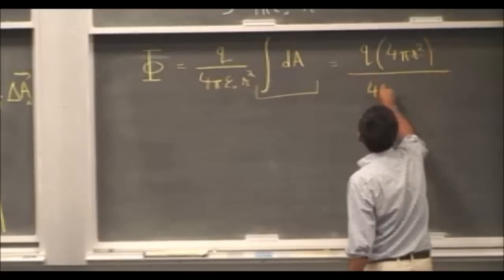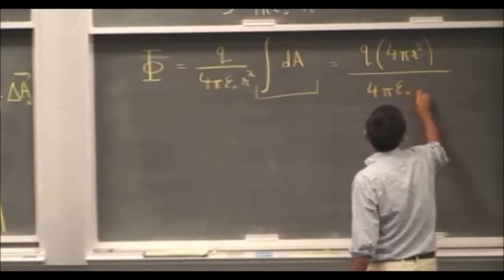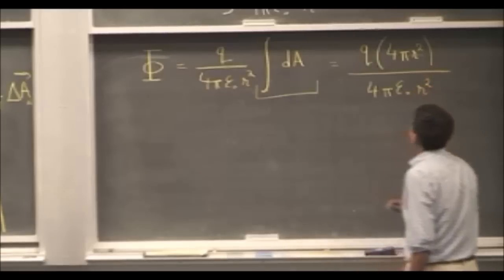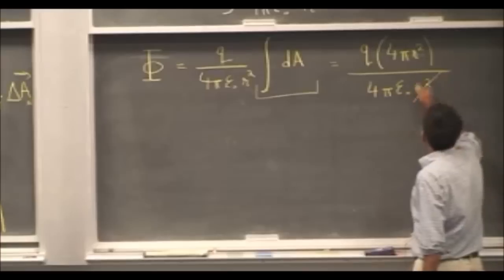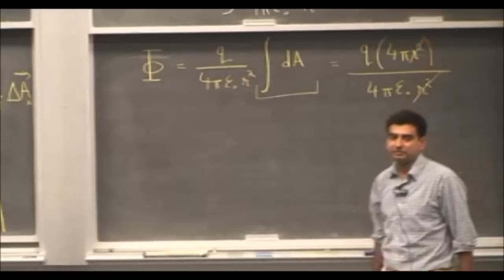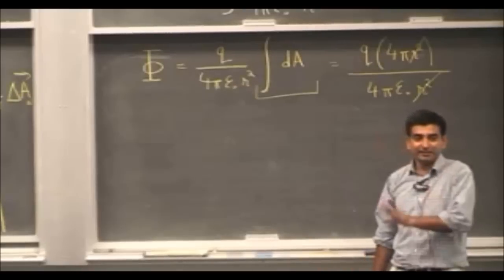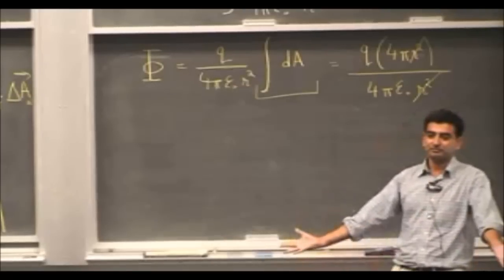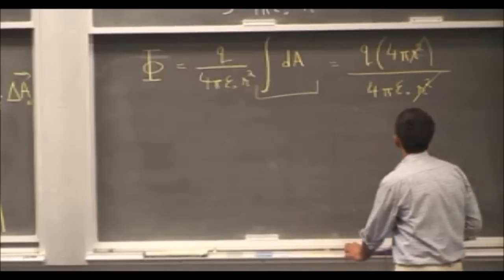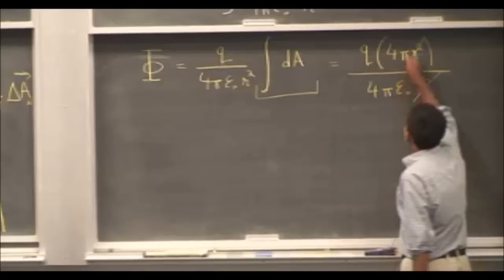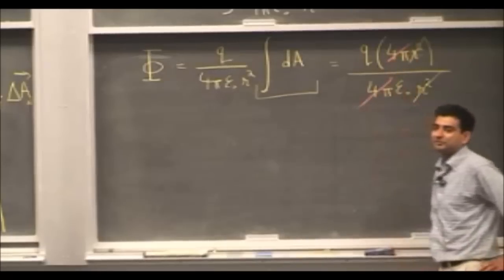over 4 pi epsilon naught r squared. The r square cancels out, right? This is really lucky that the r square cancels out. And we're also lucky that the 4 pi cancels out.